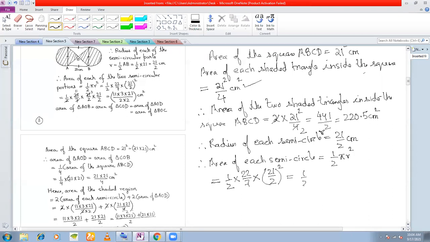So this is half into 22 by 7 into 21 by 2 into 21 by 2. Okay. So now you can cancel here. Okay, so what do you get? You get here 11 into 3 into 21 divided by 2 into 2. This much centimeter square is the area of each of the semicircle, right?